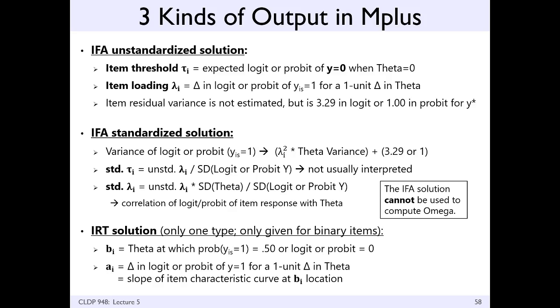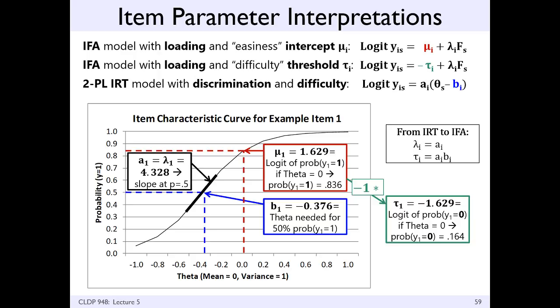So here is the picture that I wanted to show. This is slide 59. So I have an item characteristic curve for an example item here, where the item has an estimated A of 4.3. Given that our theta variance in this model is 1, the loading is the same as A. Otherwise, the A gets rescaled as a function of the theta variance.